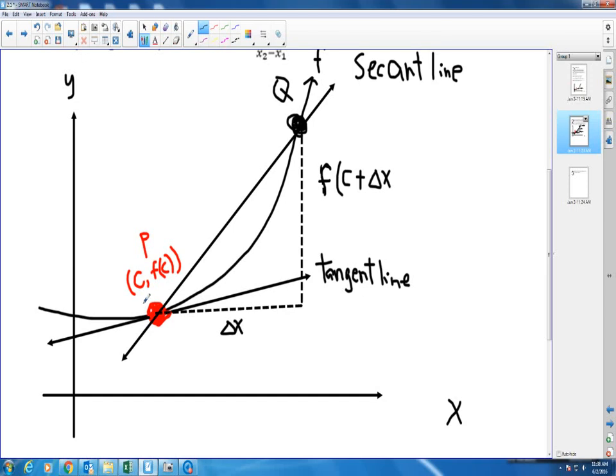For example, if c is 1 and this Q is 5, then the change from 1 to 5 would be 4. So to reach 5, that would be 1 plus 4, c plus delta x. That's what this represents.